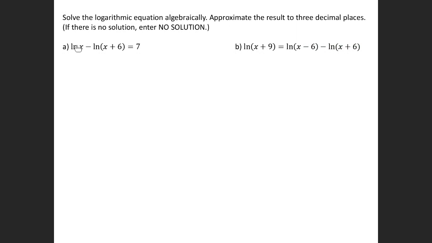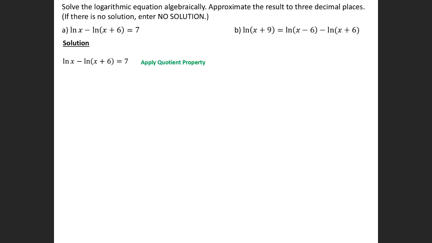If these are being subtracted, am I going to condense them by dividing or by multiplying? Divide. Subtraction means we're going to use the quotient property, so we divide those two. I get natural log of x divided by x plus 6 is equal to 7.